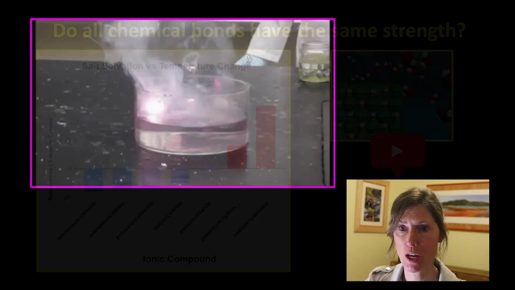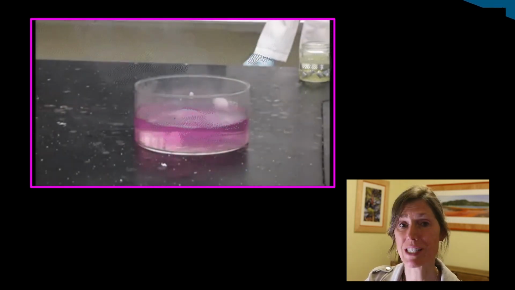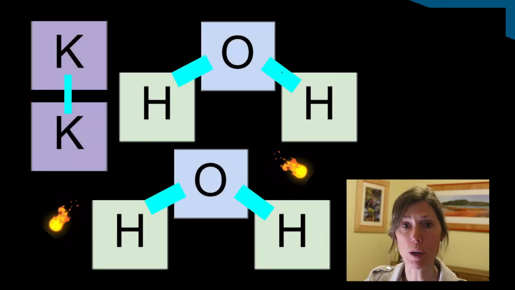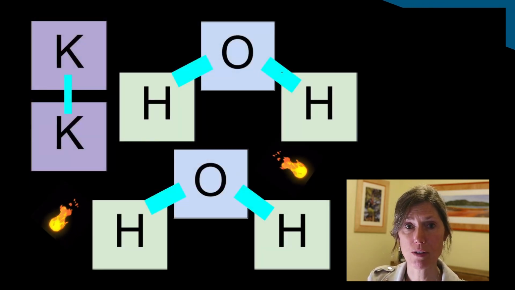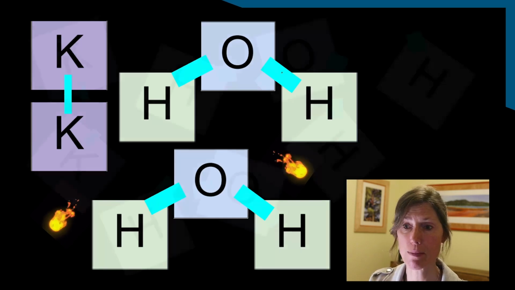All right, let's connect this setup to the reaction between potassium and water again. Okay, so when we look at potassium atoms and the atoms inside water, the oxygen and hydrogen, it certainly takes an amount of kinetic energy to break these bonds, as shown here with the small flames.